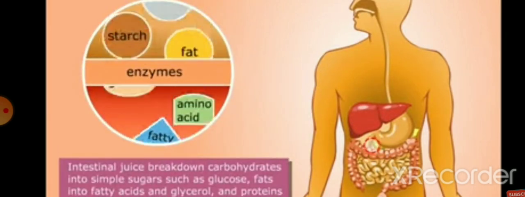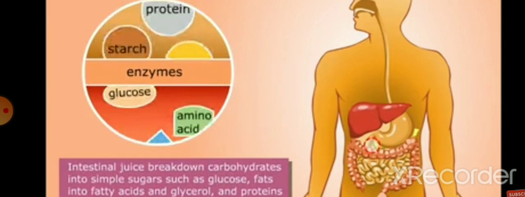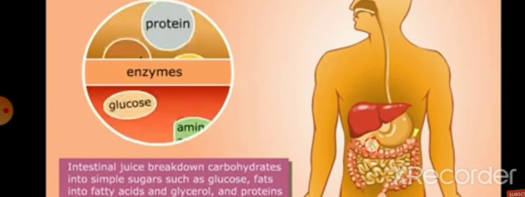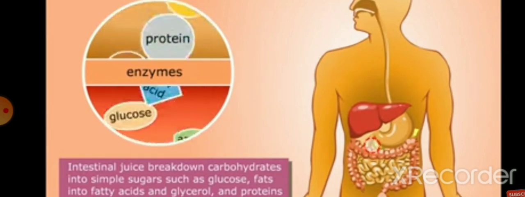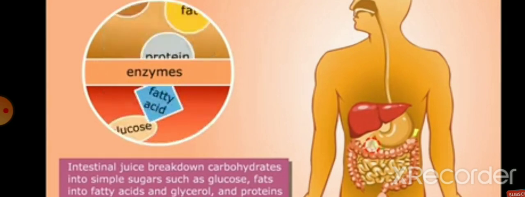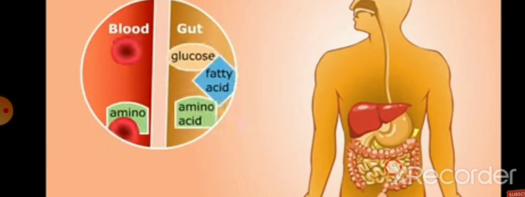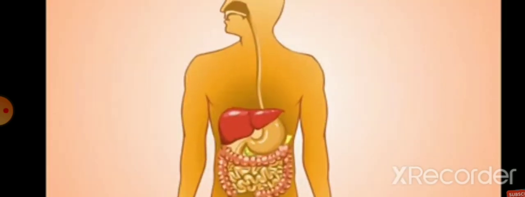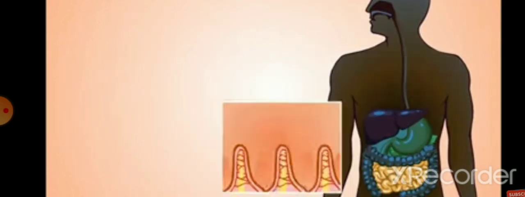And intestinal juice breaks down carbohydrates into simpler sugar called glucose, fats into fatty acids and glycerol, and proteins into amino acids. And the process of passing this digested food into the blood is called absorption.